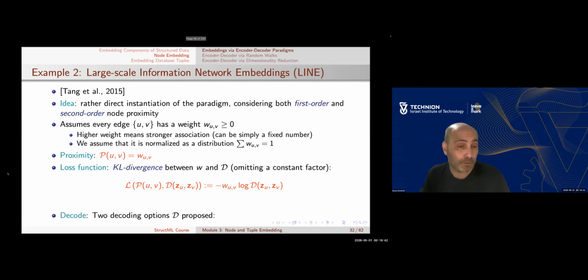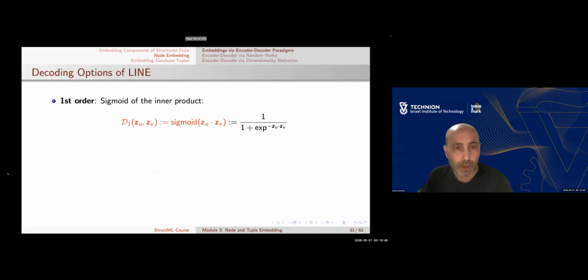Now, for decoding, they use two decoder functions. One is sigmoid over the dot product. So not the dot product directly, but basically some number between 0 and 1, the sigmoid of this number. We'll revisit this function later in the course, but the exponent is in the denominator and also using a minus.